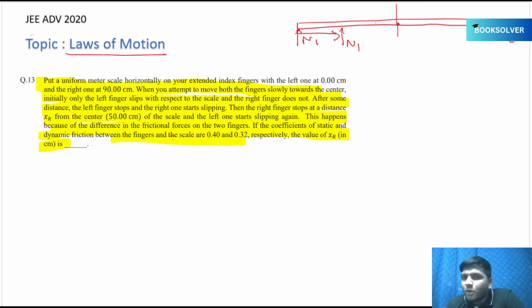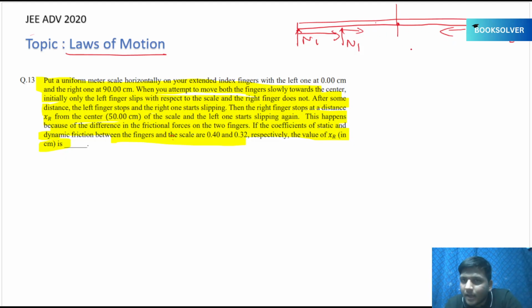Now, if it stops here, what are the conditions that should be true? The first is that both are applying friction, so their frictions should be equal to each other, otherwise it will start slipping. Second, the torque should be balanced, from this point or any point.